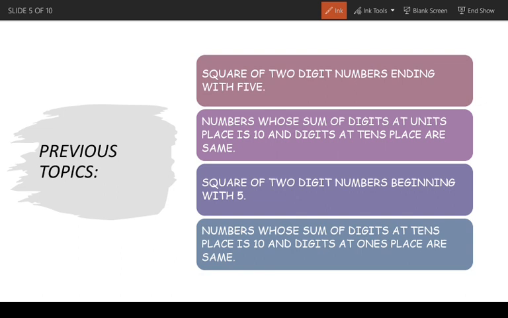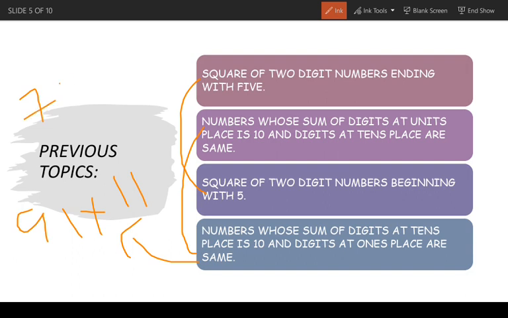The fourth rule covers numbers whose digits at the tens place sum to 10 and digits at the ones place are the same. These two rules are quite opposite, and the other two rules are also quite opposite. Examples are 91 into 11 and 73 into 33.